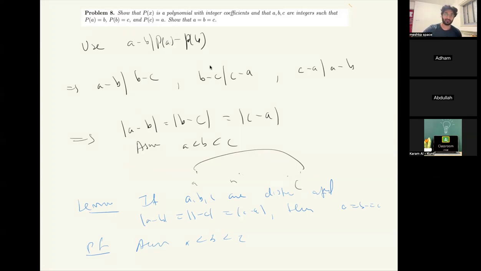From the very beginning, I cannot assume that A is less than B is less than C, because the statement is not symmetric with respect to A, B, and C. Does that make sense?